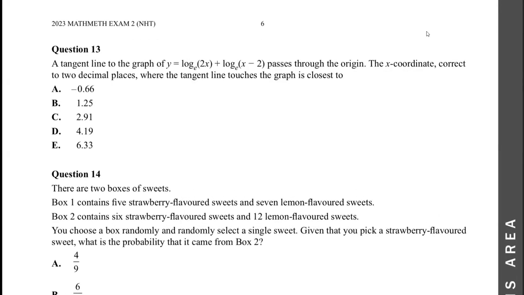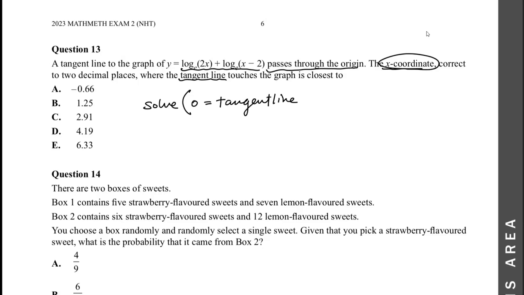Okay. Question 13 is an interesting one. You need to sketch this graph and then identify where the tangent line, which passes through the origin, will cut the x-axis. I'd like to use this command. Solve 0 equals tangent line, bracket, natural log of 2x times x minus 2, bracket, x comma a.